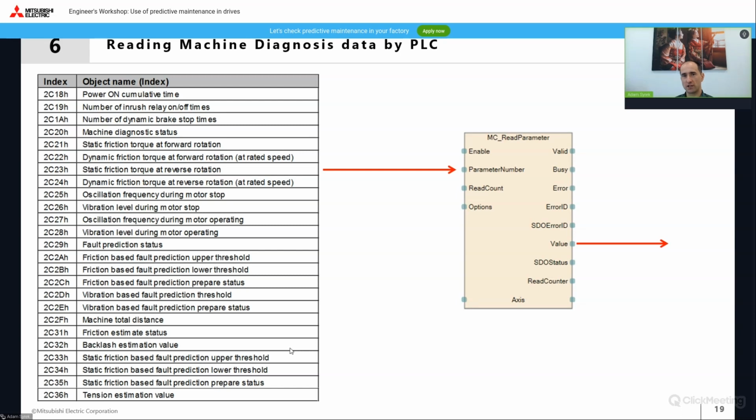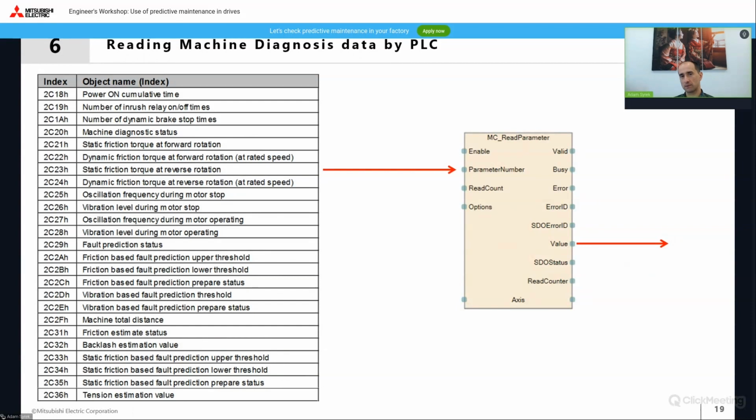We can use the HMI, where we have dedicated screens that I will show. Or we can use the dedicated function blocks to read the objects from the amplifiers, because in the amplifiers we have all this data related to the machine diagnosis function in specific objects that we can just read into the PLC and use in our system.